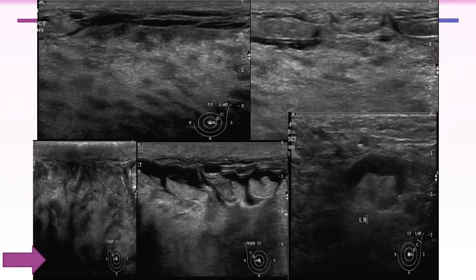The ultrasound shows that there is skin edema and trabecular thickening, and also there is well-defined... What is this? We described it in the case before.